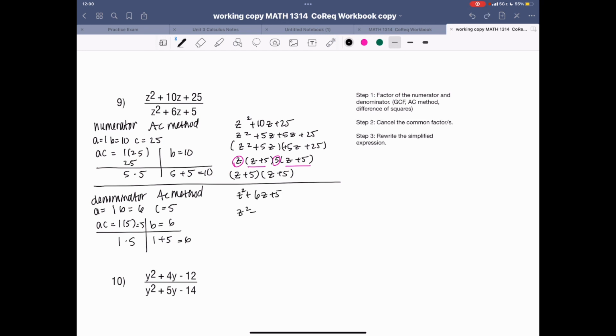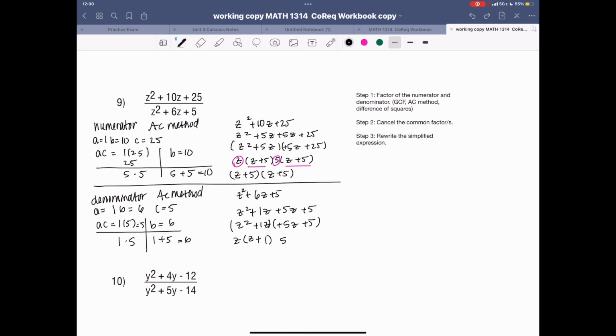So we're going to expand the expression. So z squared plus 6z plus 5 expands to z squared plus 1z plus 5z plus 5. And then we group, take out the GCF of the first group, which is z. So I'm left with z plus 1.